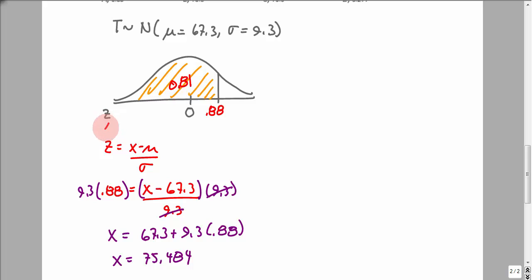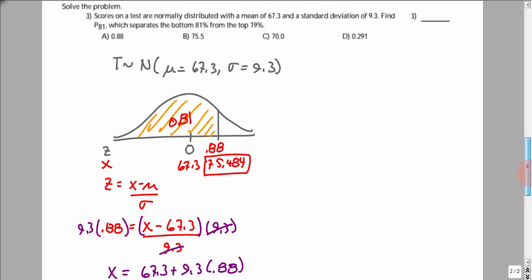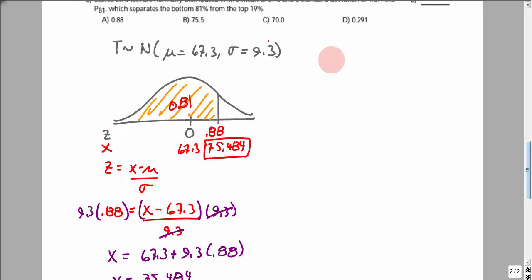So for my X scale, my mean is 67.3, and then this standardized score converted into 75.484. So that's my answer. 75.484, closest value would be B.